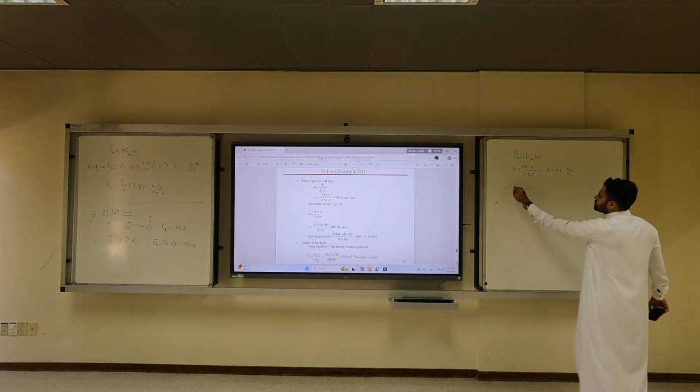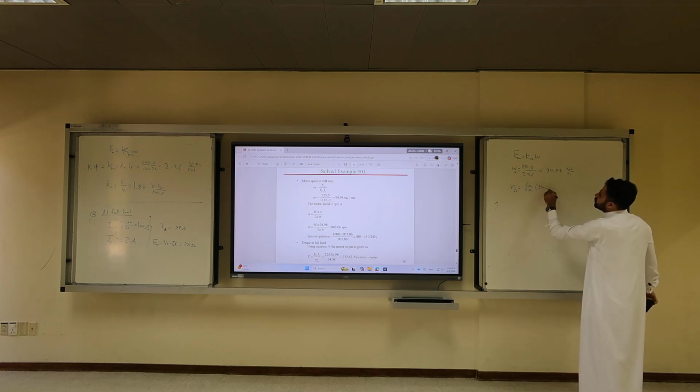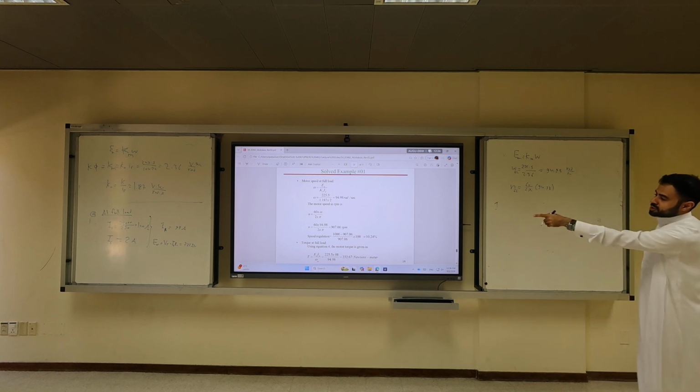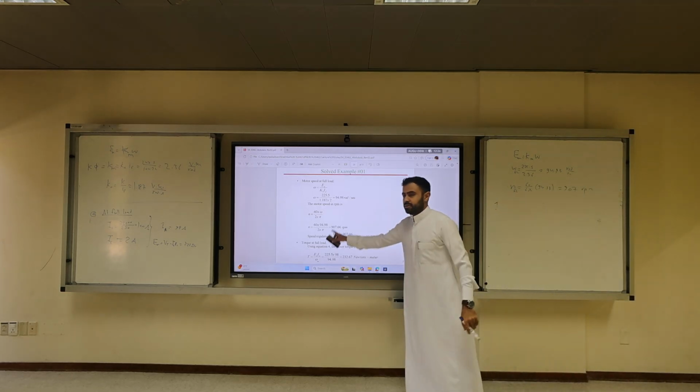Sometimes they calculate it as N, so this is omega full load. It is 60 over 2 pi times 94.98, and you get the RPMs, which is usually smaller, which is 907 RPM.